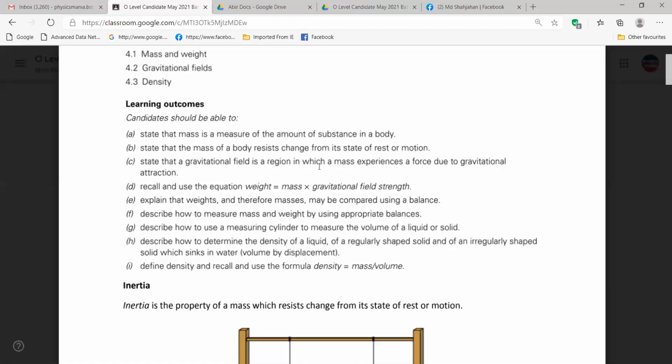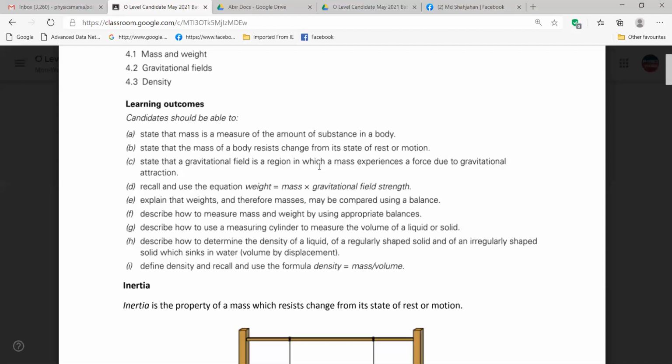Gravitational field means it's an area or a space or place, in that area or space, if you are bringing one object, any mass, then it experiences a force due to gravitational attraction. You can imagine that if you are going to space, you are crossing the atmosphere of the Earth, then you are going to space, right?